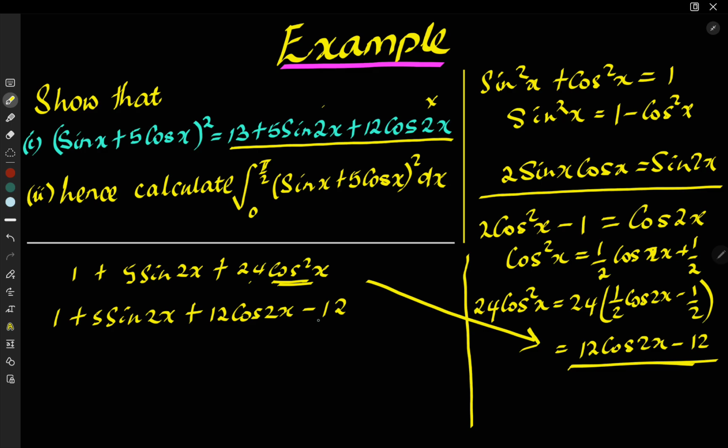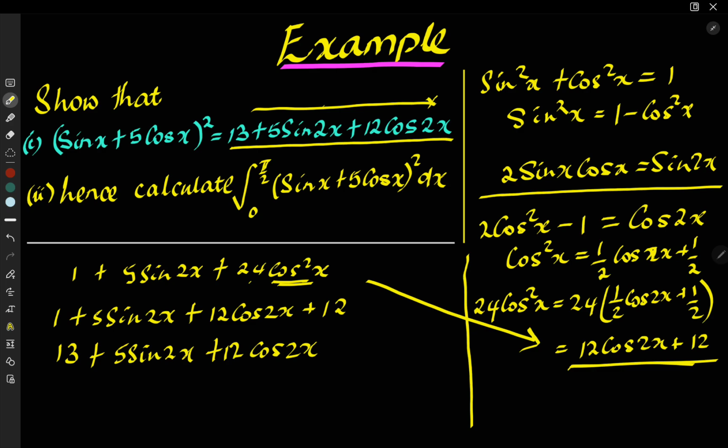And you can see that this, it's actually not a minus, sorry, that will be a plus here. So then it's a 13 plus 5 sine 2x, then plus 12 cos 2x. And we have shown that (sine x plus 5 cos x) squared is equal to 13 plus 5 sine 2x plus 12 cos 2x. And that is how you show that part.